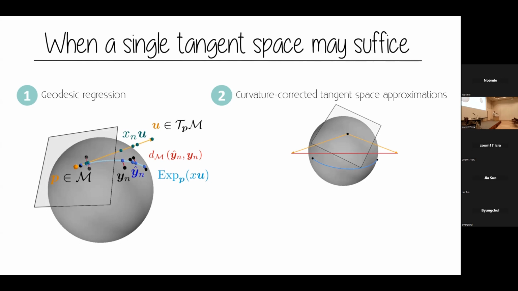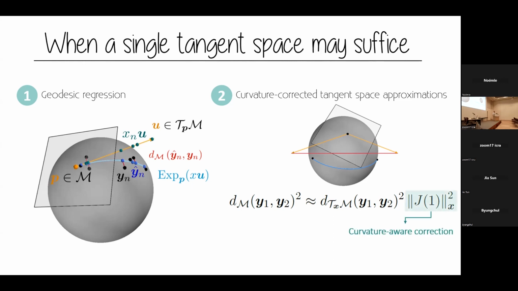There is recent work where some authors have tried to come up with what we call curvature-corrected tangent space approximations, where the idea is to say, okay, maybe it's too complicated, so let's assume that the geodesic distance can be approximated by a distance on the tangent space, so a Euclidean distance, times a curvature-aware correction. This is computed based on the Jacobi fields for the manifold at hand.